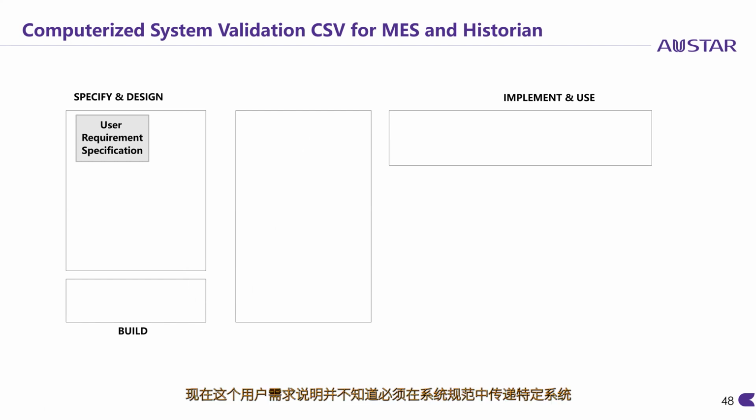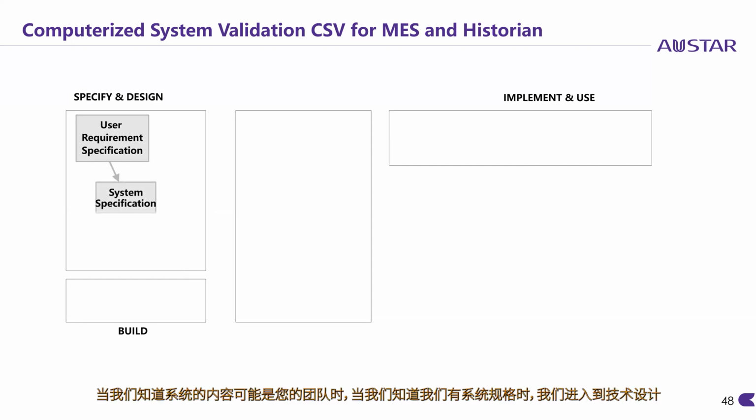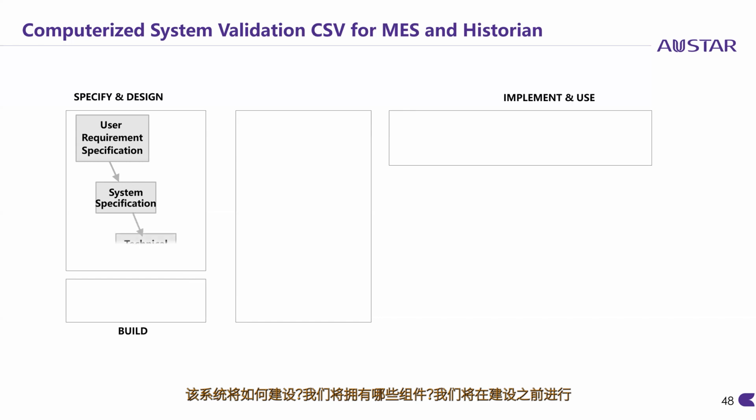Now, this user requirement specification is typically unaware of a specific system that has to be transferred in a system specification when we know it's for system A, B, or C. Then, when we know we have the system and we have the specification, we turn it into a technical design.